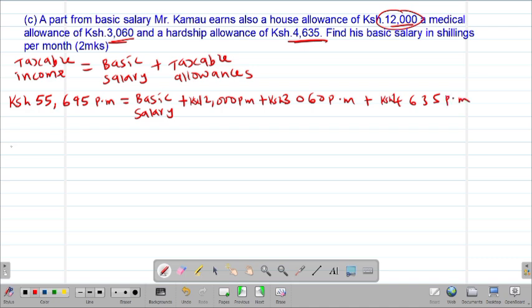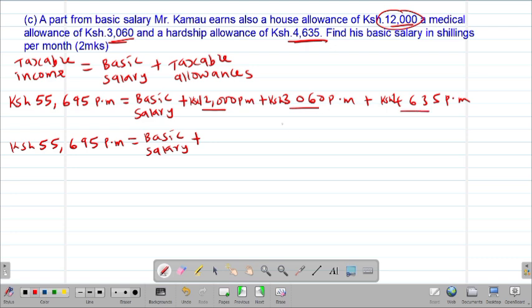So we're going to have Kenya shillings 55,695 per month being equal to the basic salary, then plus 12,000 plus 3,060 plus 4,635.